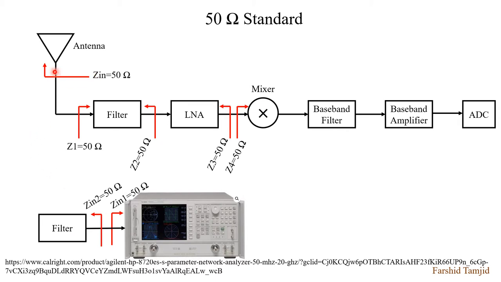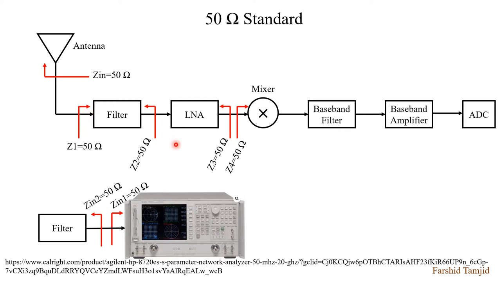Also, if you have a 50 ohm standard, you can connect it to other circuits. Inside a circuit it can be any impedance, but at the port, at the output or the input, you need to follow 50 ohm, except in some specific situations.